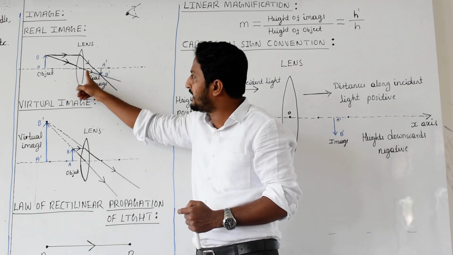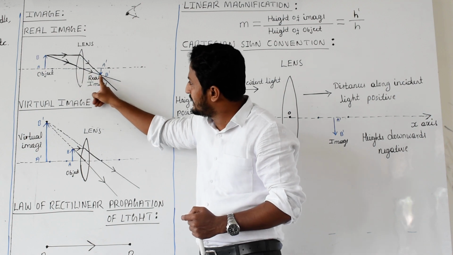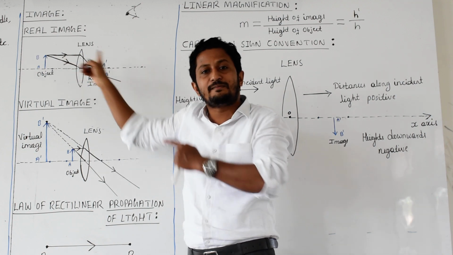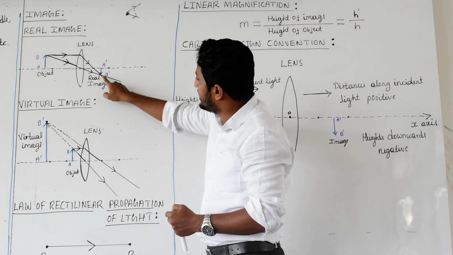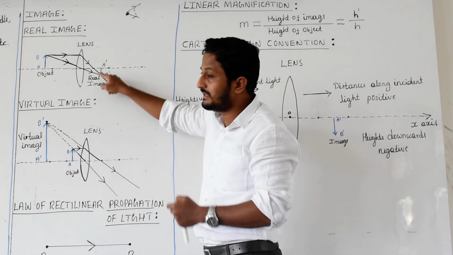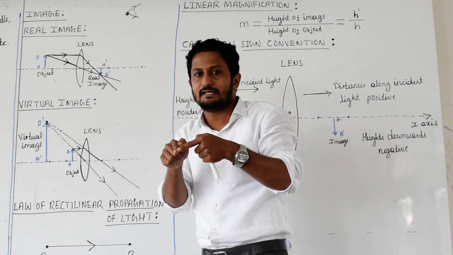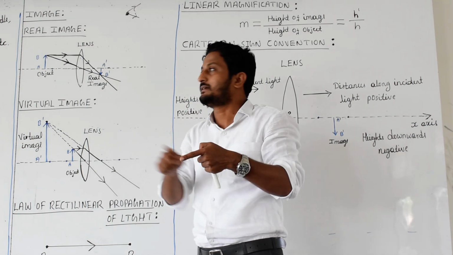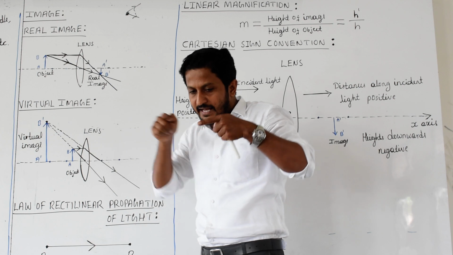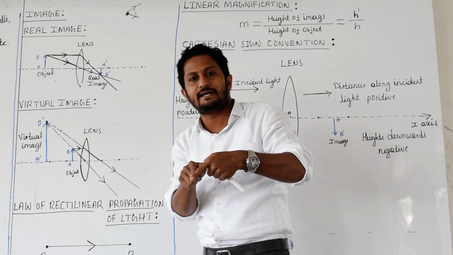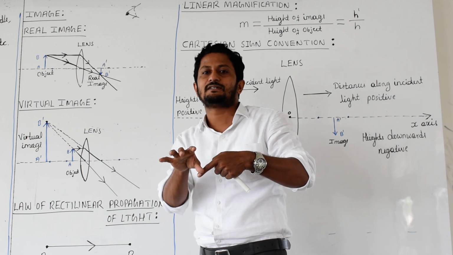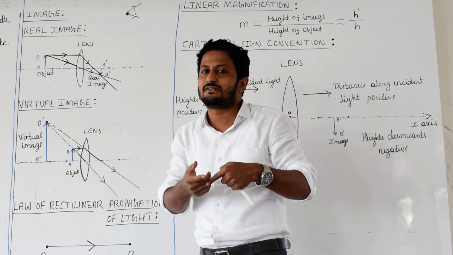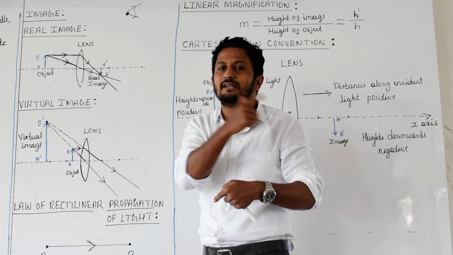These two refracted light rays, here they produce their image. See here, now here they actually met with each other. There they produce the image. That image we have to call a real image.